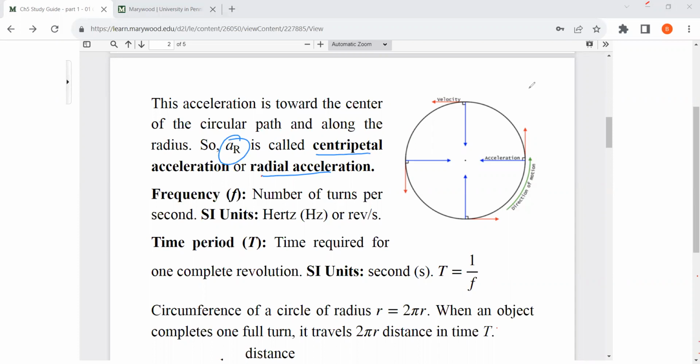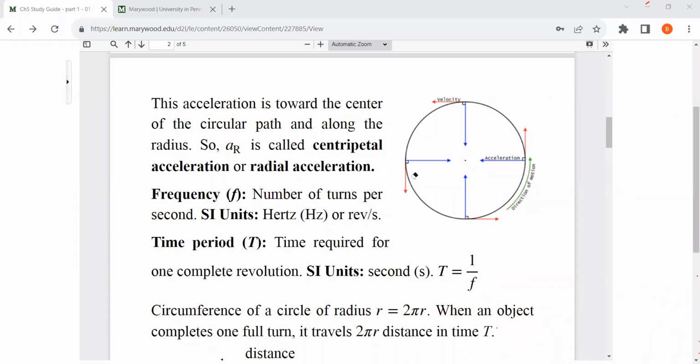In some textbooks or lecture notes, you will see that people also use the symbol a subscript c to represent centripetal acceleration. c means centripetal. Because the textbook I am using uses r as a subscript, I'm using the same thing. But if you see somewhere that people use a subscript c, that means it is the same thing, the centripetal acceleration.